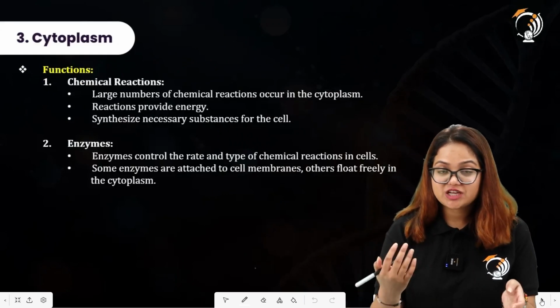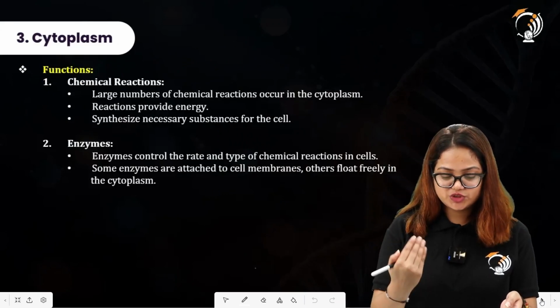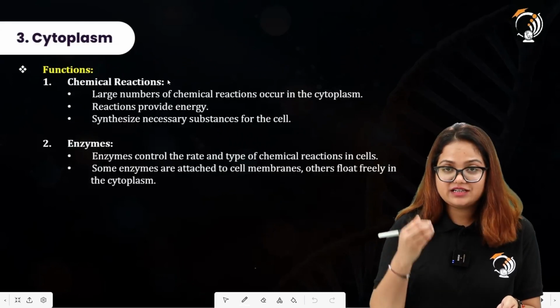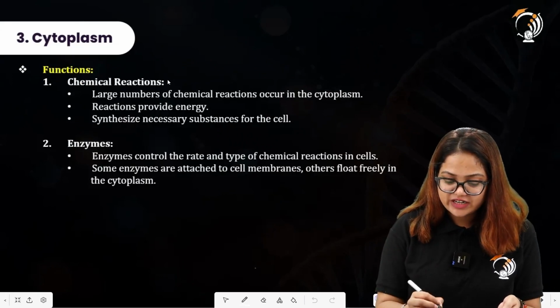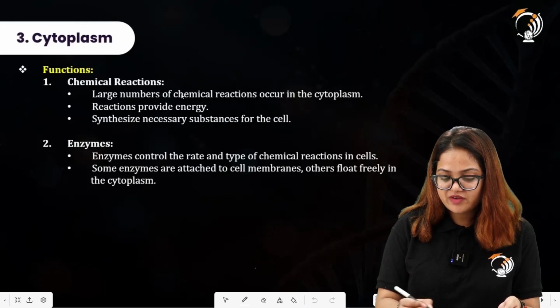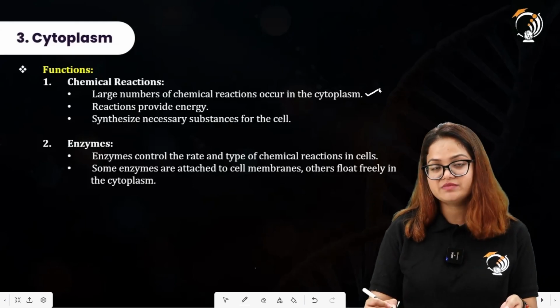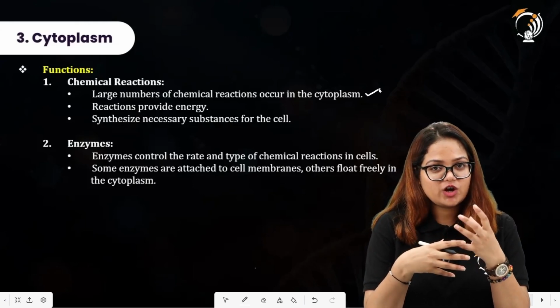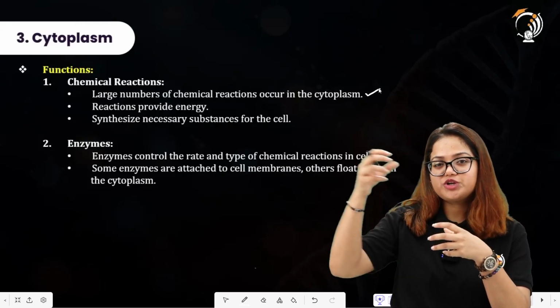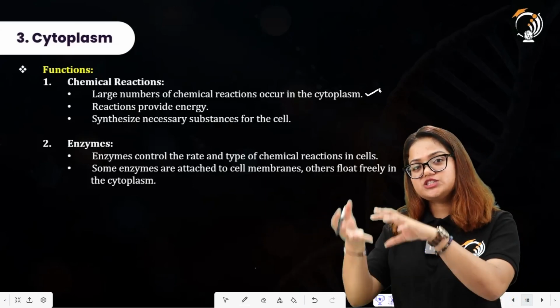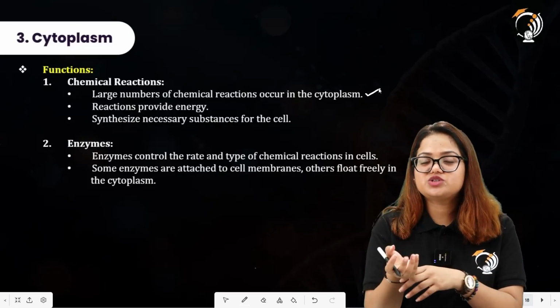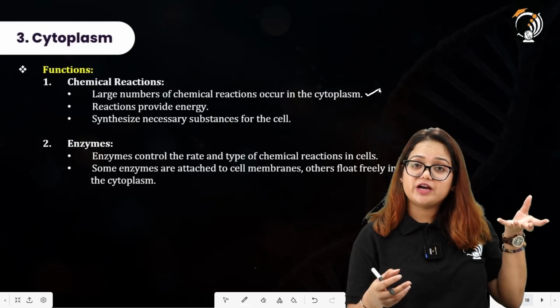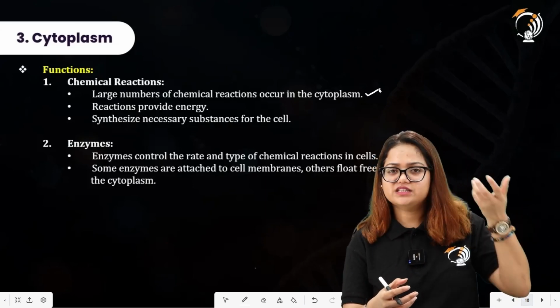Then the functions of the cytoplasm are huge in number. It serves as the region for chemical reactions. A large number of chemical reactions occur in the cytoplasm. Something is synthesized by one cell organelle, which is then transported to another cell organelle, which consumes it and converts it into another structure, which is then consumed by another part of the cell.